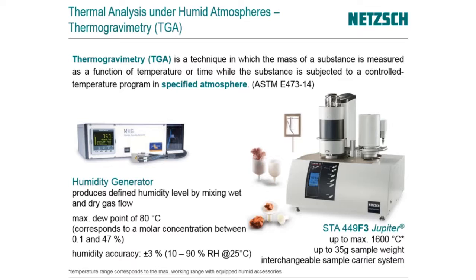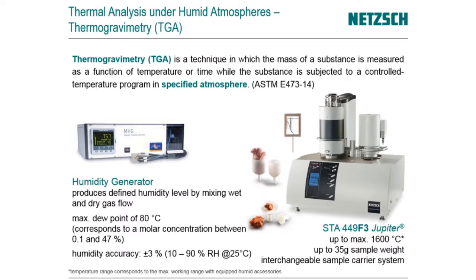This generator produces defined humidity levels by mixing a wet and a dry gas flow. The wet gas flow, of course, is water, and the dry gas flow is typically nitrogen, argon, or air. From the practical side, this humidity generator can achieve a maximum dew point of 80 degrees C, which refers to a water concentration between 0.1 and up to 47% in the complete gas phase.